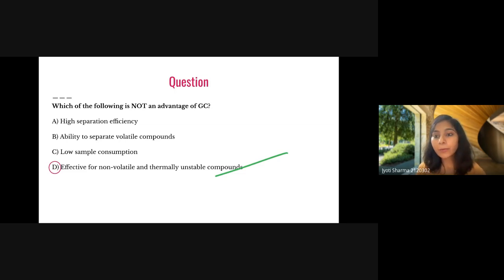If we are talking about the advantages, first is high separation efficiency. It can separate more than 200 chromatographic peaks in 2 hours.